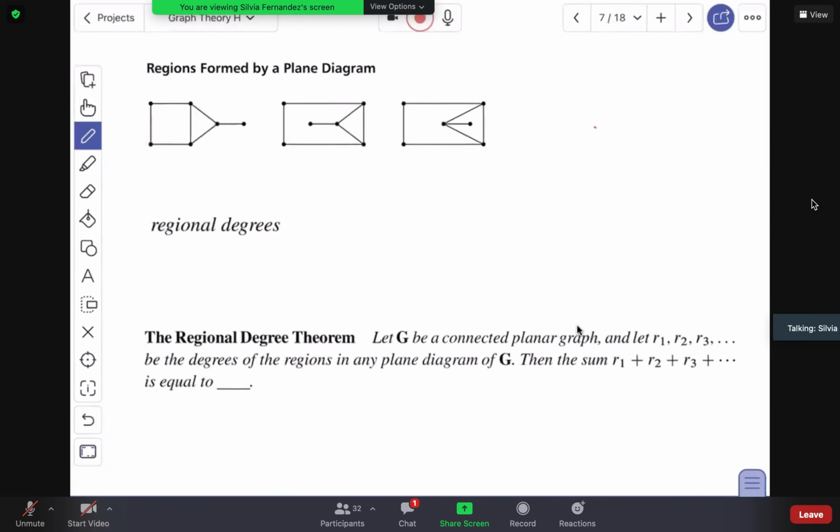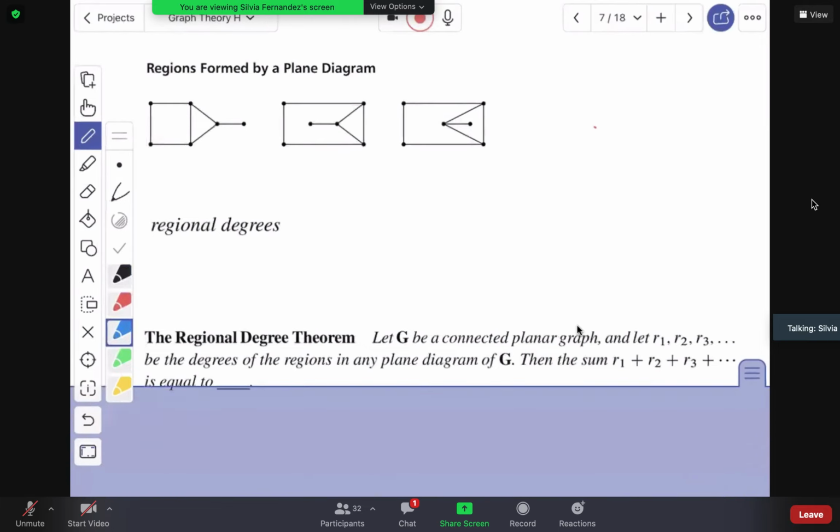So first, I need to talk about regions of a planar graph, so of a plane drawing. If I have any plane drawing, here I have 3 examples, I can talk about their number of vertices, number of edges, and number of regions.